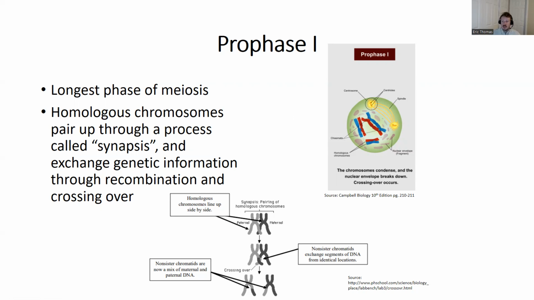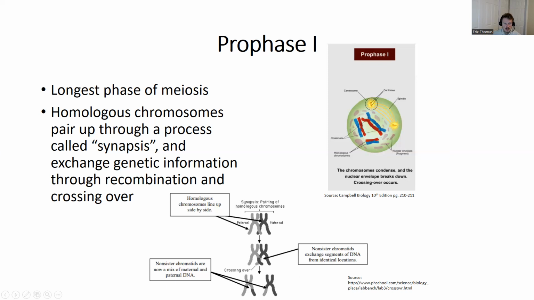This is where the exchanging of genetic information happens that is essential to the genetic diversity of, in this case, humans, right? We have the paternal and maternal DNA, and they're teaming up, and there is the possibility that bits and pieces of it will be exchanged. And this is going to result in genetic randomness and genetic diversity, which is essential for human life. So this is prophase 1.